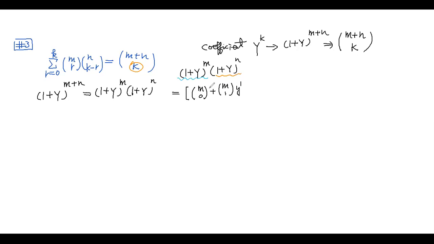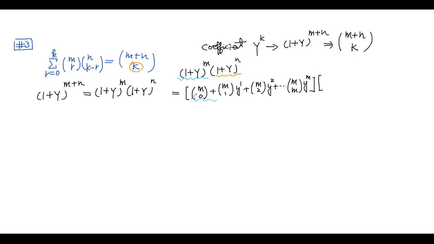Or you can say this is 1 and 1 to the n minus 1, but it's 1, so I cancel that. Then C(n, 2) y squared, up to C(n, n) y to the n's power, right? Okay, so this is the first expansion, right?